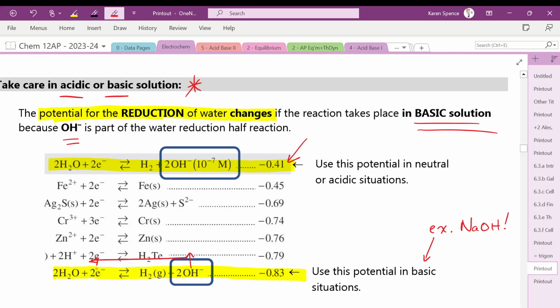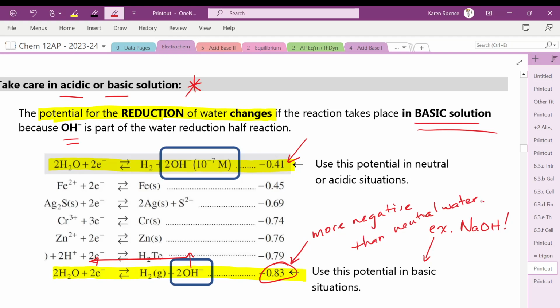So what would happen to the voltage? It would decrease, because it's not going forward as much. Forward is producing energy, backward is using up energy. So it's going to be less, it's going to be more negative. And as you can see, it is indeed more negative than neutral water.